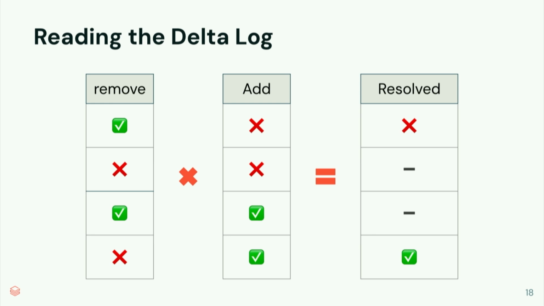You know, if it was previously removed and then afterwards it was not removed, then it has been added, right? So we have to do all of this tricky sort of logic in Delta kernel in order to surface that to all the connectors in the ecosystem.